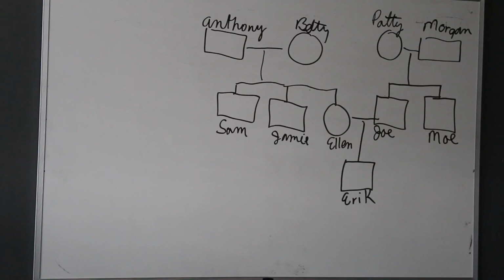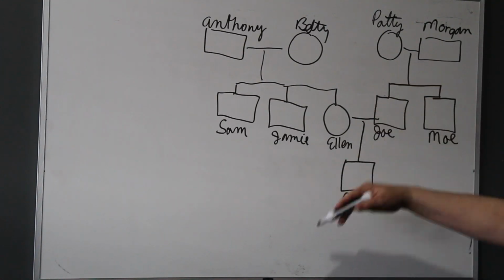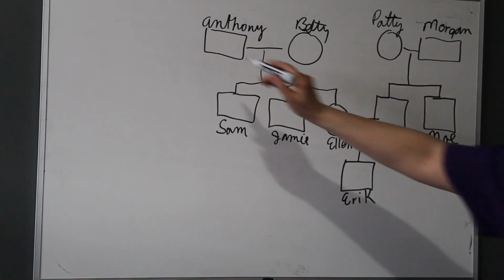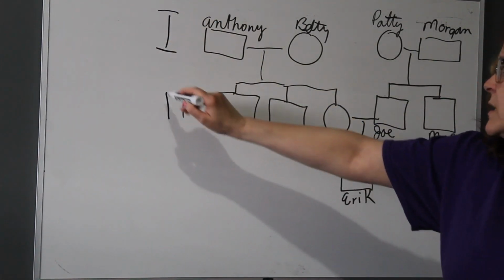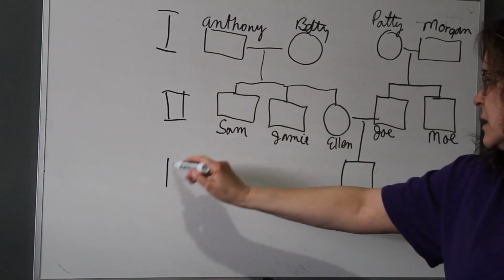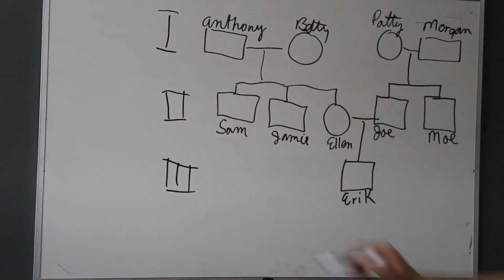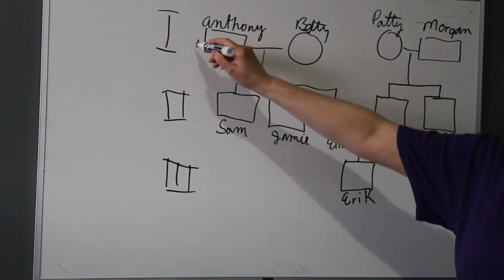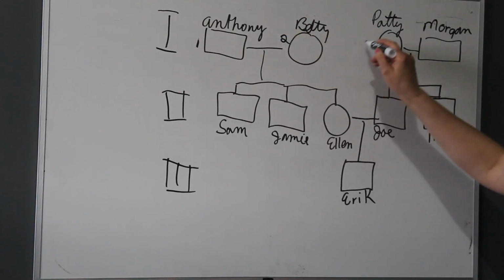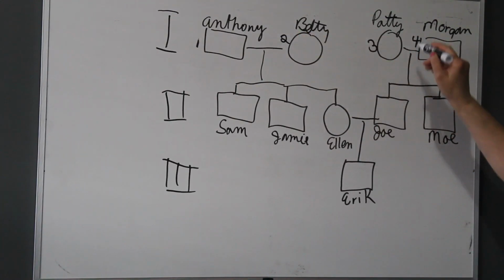So in most pedigree charts, the generations are indicated with Roman numerals. So that would be 1st generation, 2nd generation, and 3rd generation. And then what you'll see on most pedigree charts is that the people are numbered on each line.